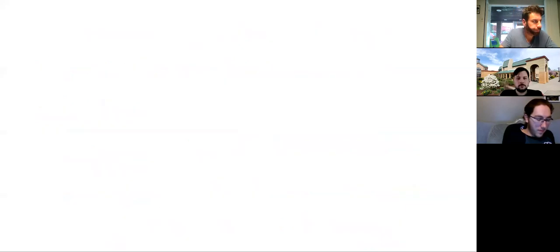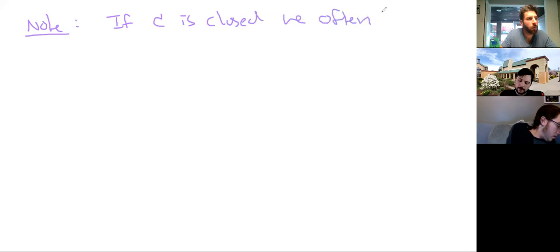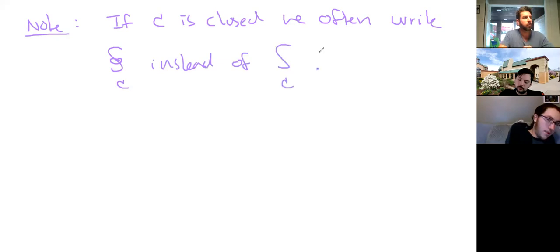So note, if C is closed, we often write this instead of this. So there's that little added circle. Some nerds, believe it or not, actually even put like a little arrow around it.